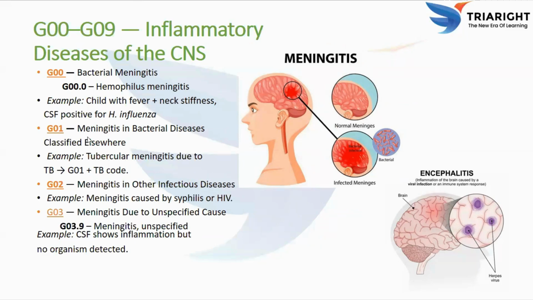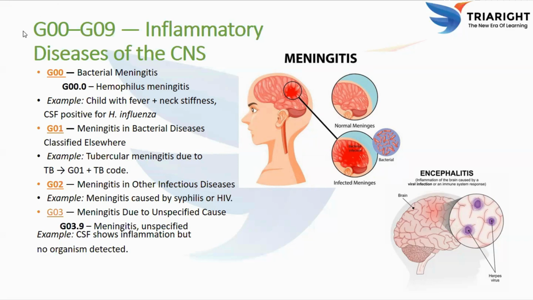What is Haemophilus here? It's a bacteria. Haemophilus influenzae is a bacteria. This bacteria causes Haemophilus meningitis. For example, a child with fever and neck stiffness, and the CSF test is positive for H. influenzae. This is the example for the G00.0 code.